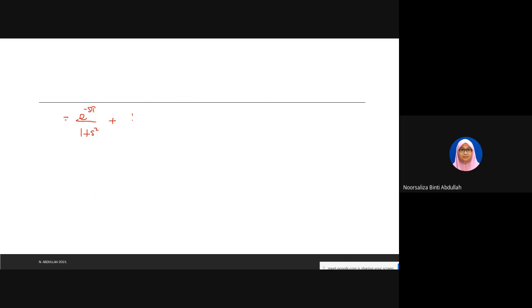So plus 1 over 1 plus s square. Okay, so ini jawapannya. Ataupun you can write as 1 over s square exponent minus s pi plus 1. So either one is okay.